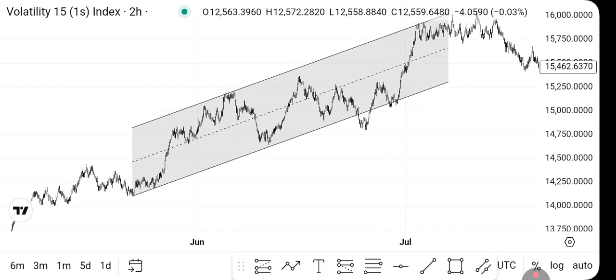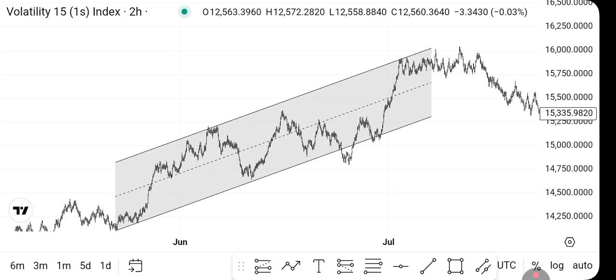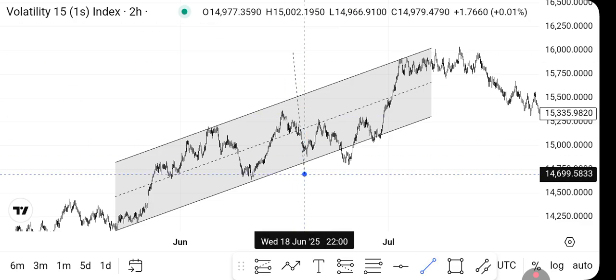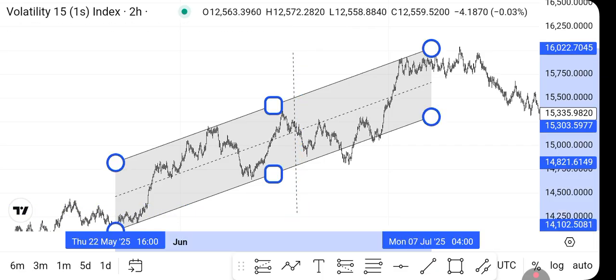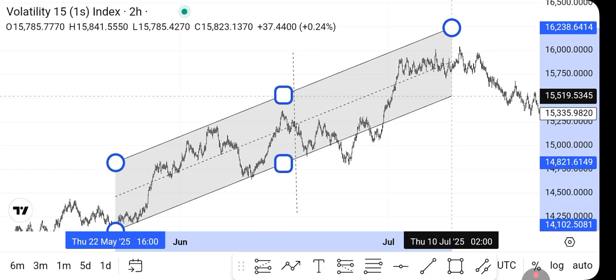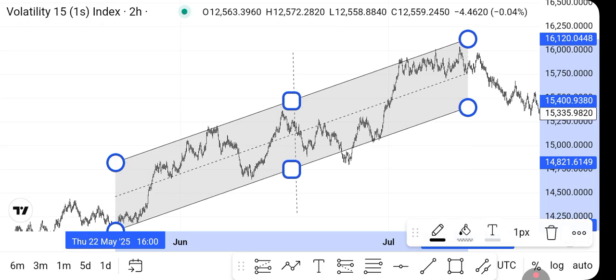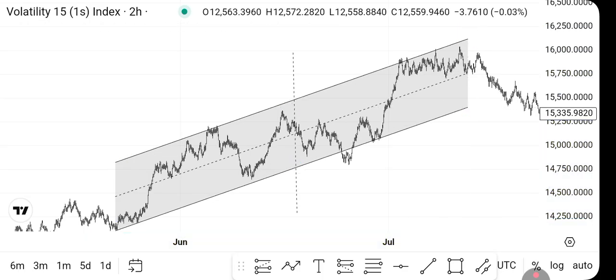Now we see that this marked out the direction of the market. So let's assume from this point, the market had not yet happened. From this point here, to the right there, from here to this place where it is currently, the market had not yet happened.